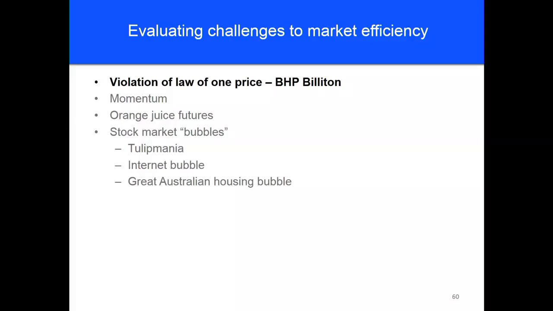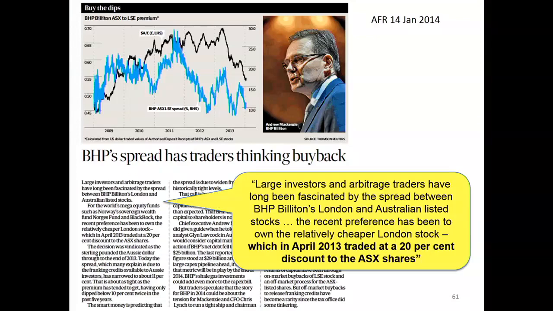If the market's efficient, you'd expect the price to be the same. But you see that BHP's London and Australian listed stocks are different. The London stock sells for less than the Australian stock.